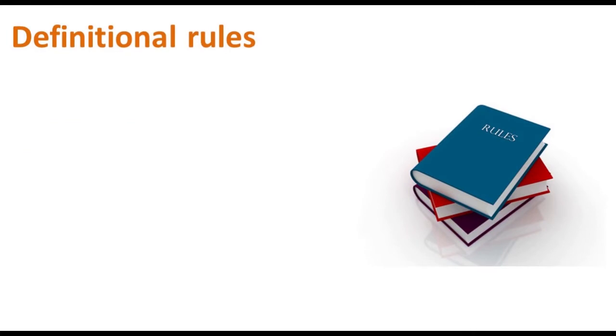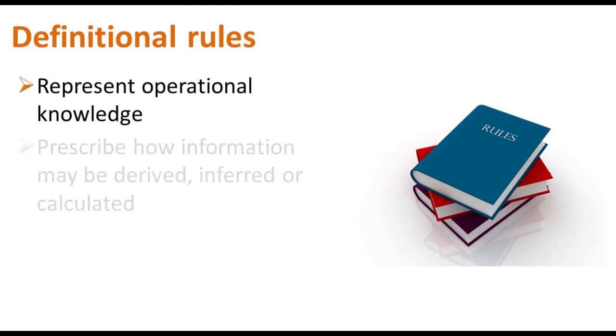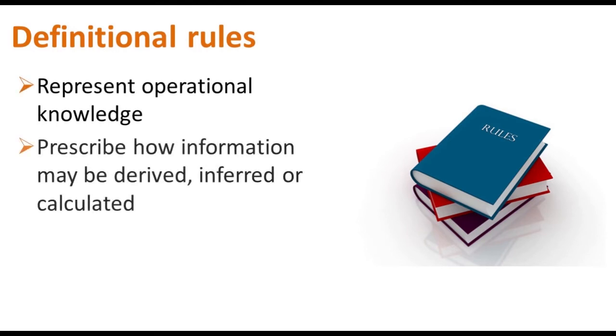Then there is a concept called a definitional rule, which essentially represents the organizational knowledge, and it prescribes how information may be derived, inferred, or calculated. For example, we can have a formula for gross margin, which is revenue minus variable cost.